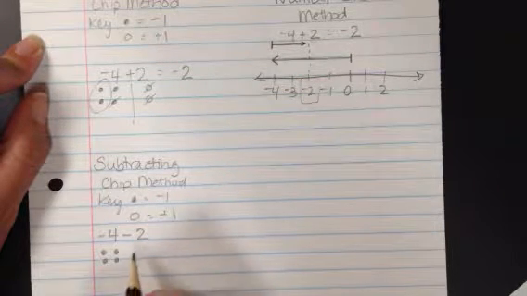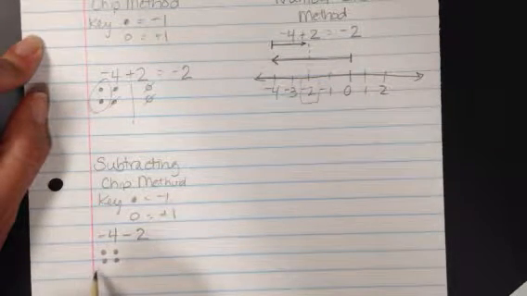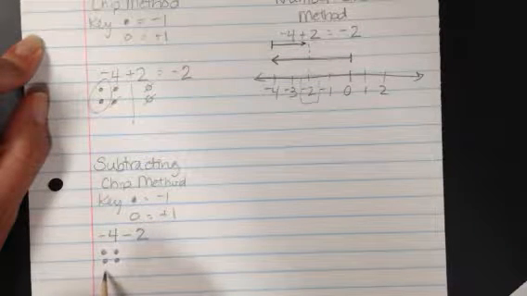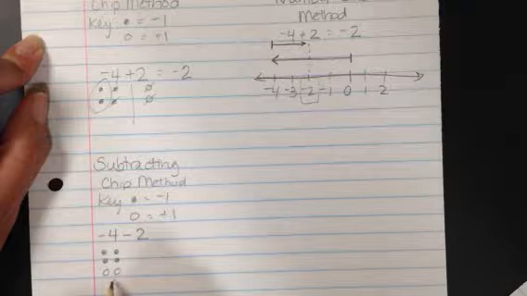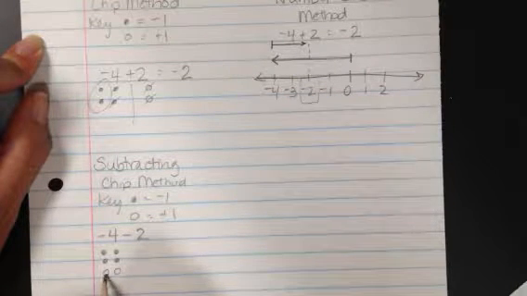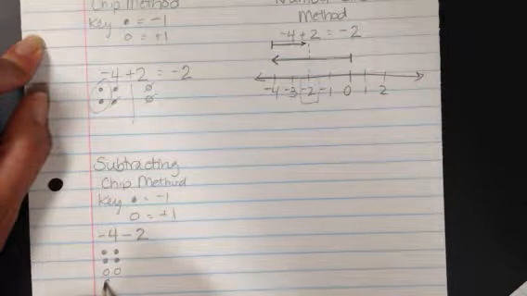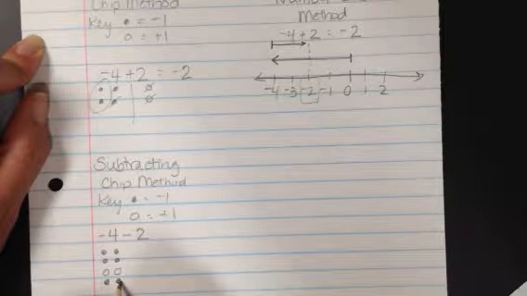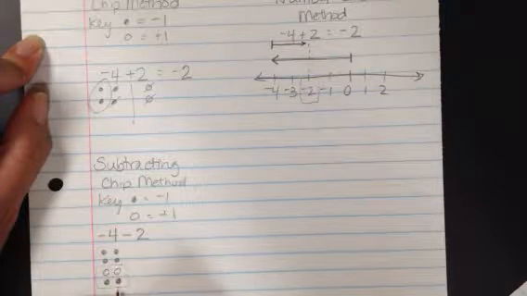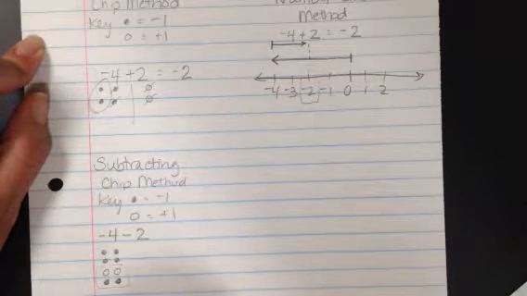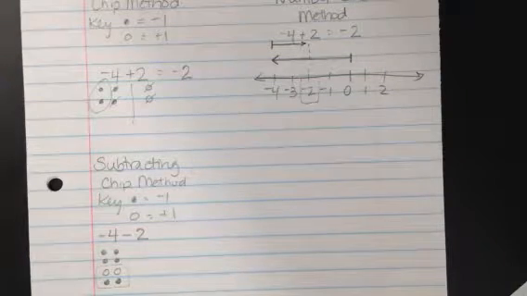So I have to understand that one way to write a 2 is to have 2 of these and 2 of these. I'm actually adding 0. If you look at it, this would equal 0 because it would cancel out. But at this point, I can add 0 to any number and still get the number.